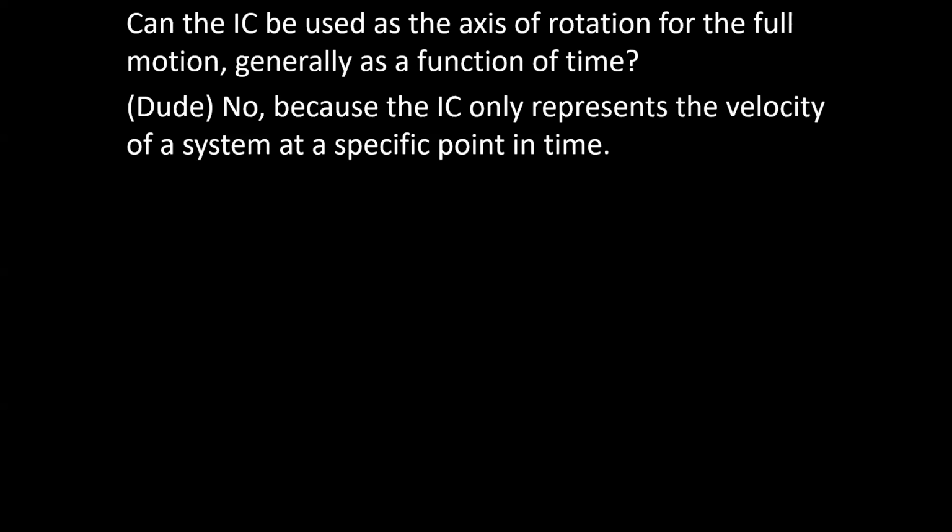Alternatively, you may also choose an axis that is fixed in direction, but the axis itself can accelerate. For example, maybe a wheel is rolling down an incline. If you use an axis through the center of mass of the wheel, the center of mass is accelerating, but the direction of your axis is not changing.